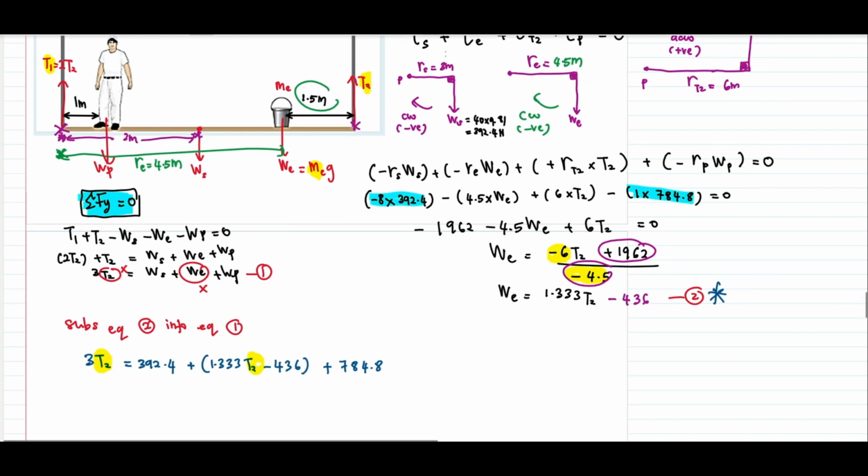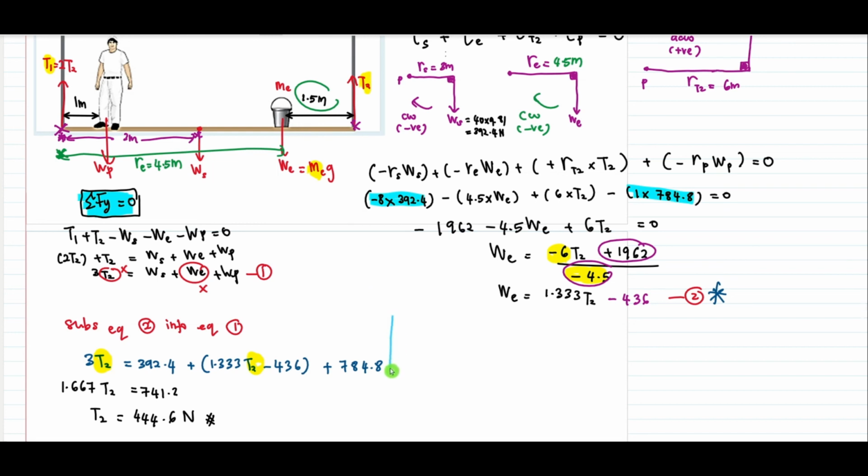It should be 1.667 T2, equal to 741.2. If this is mathematics, you check T2, you will get 444.6 Newton. So I have settled the first answer.